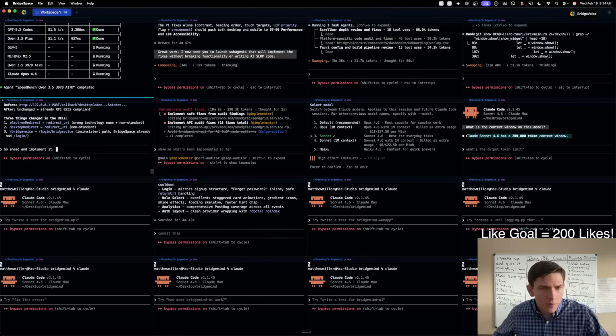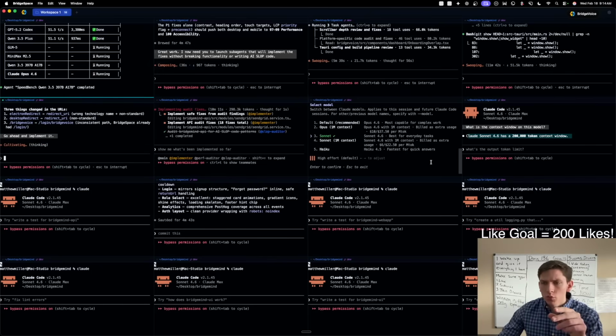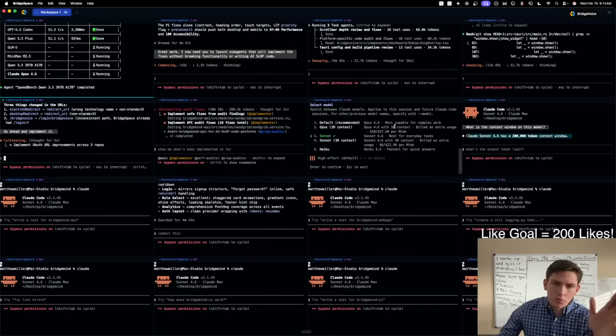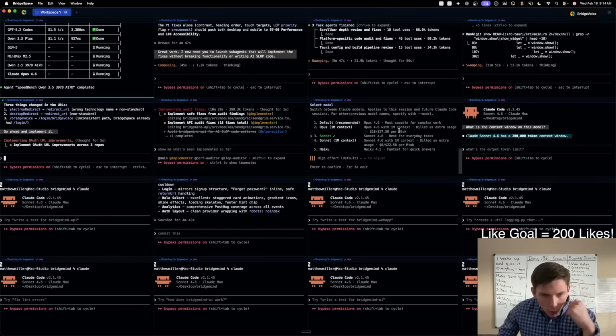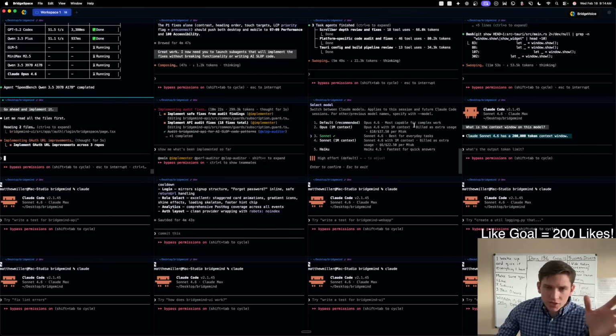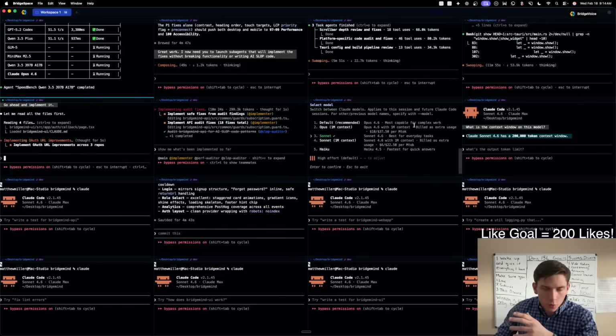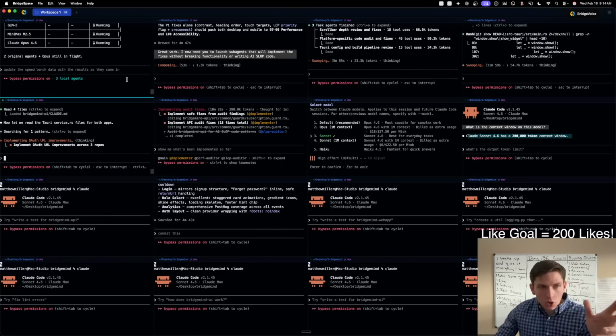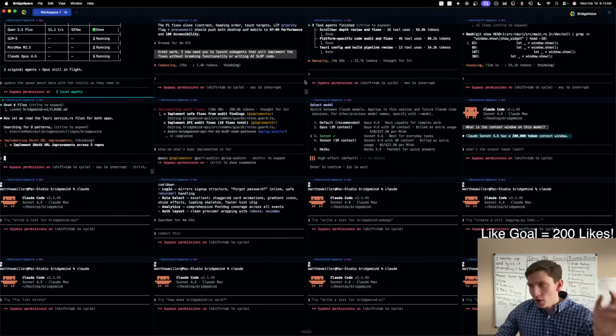So I'm going to implement that, but even with this context window drawback, I still am noticing some differences and some improvements, and now it does bring Sonnet back into the equation. With Sonnet models, if you guys remember Sonnet 4.5, before we got Opus 4.5, Sonnet 4.5 was by far the best coding model on the market, and then we got Opus 4.5.